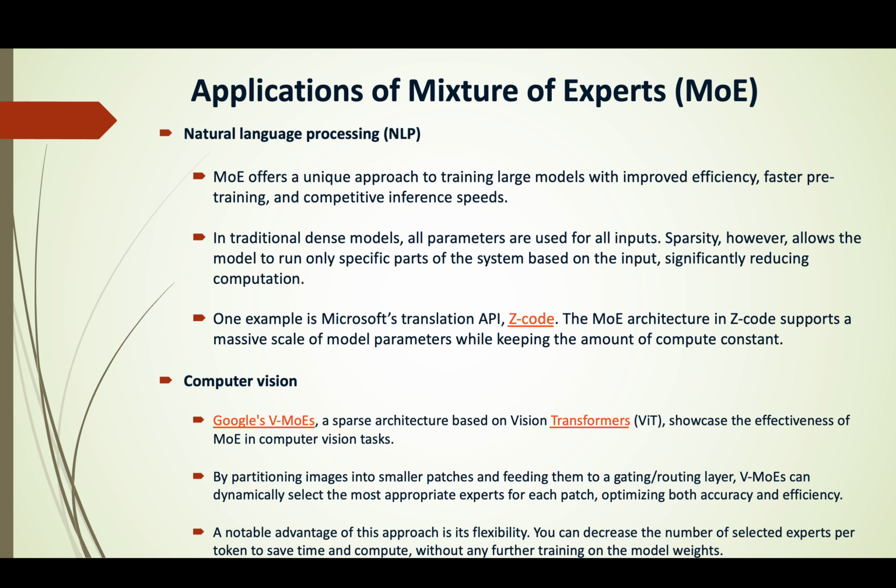As part of applications of mixture of experts, from a computer vision perspective, Google's V-MoE, a sparse architecture based on the vision transformer, showcases the effectiveness of MoE on computer vision tasks by partitioning images into smaller patches and feeding them to a gating routing layer.